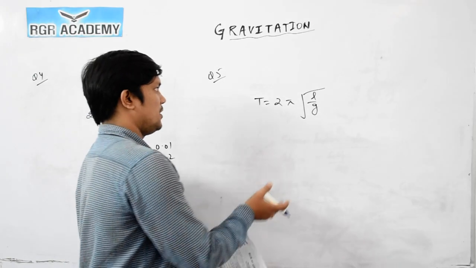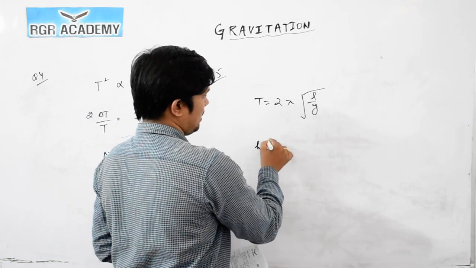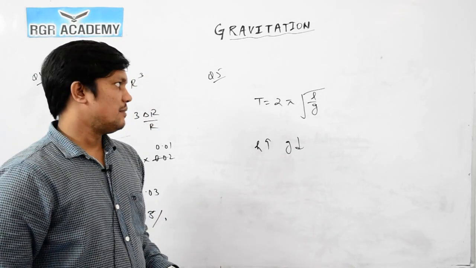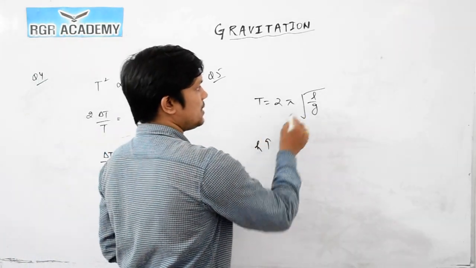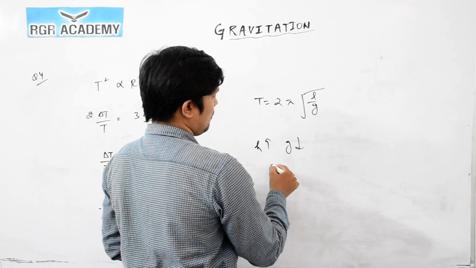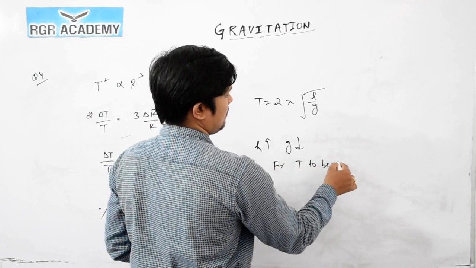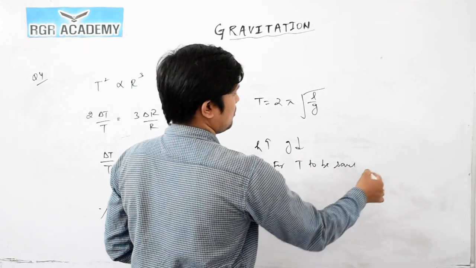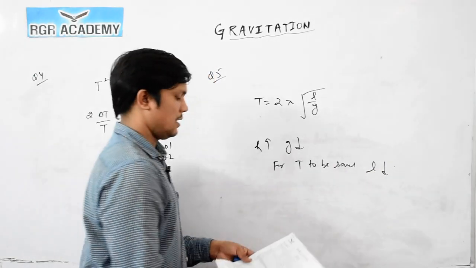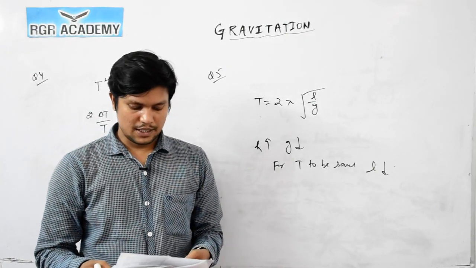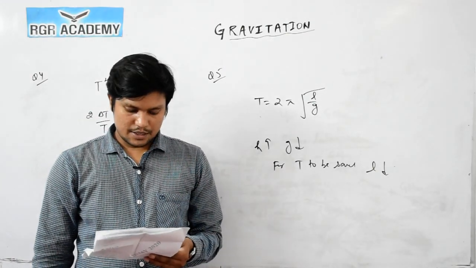If the height increases, g will decrease, so g effective will be less. For the time period T to be the same, g decreases, so L should also decrease. We have to reduce the length. So option number 2 will match.